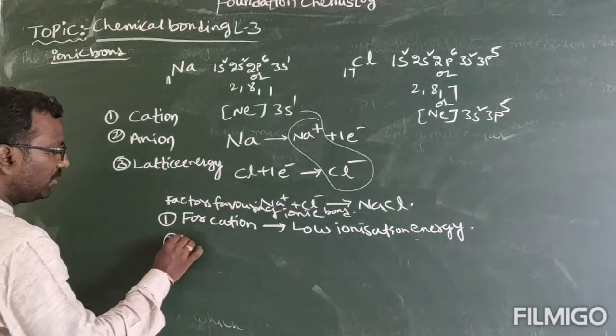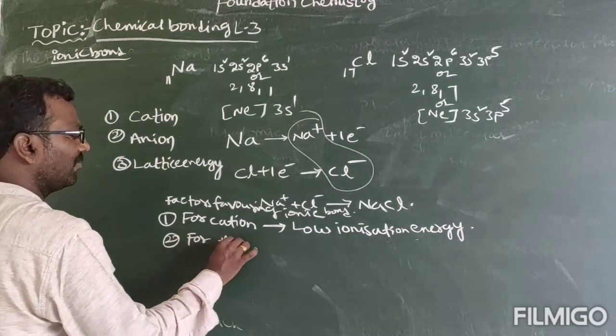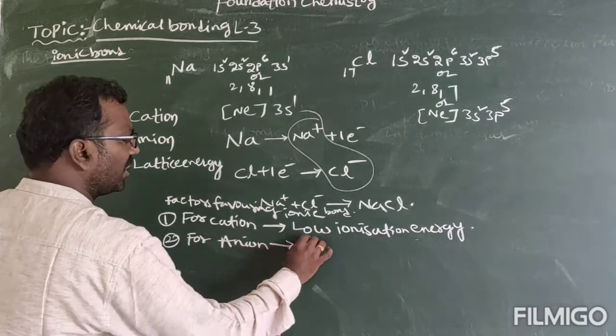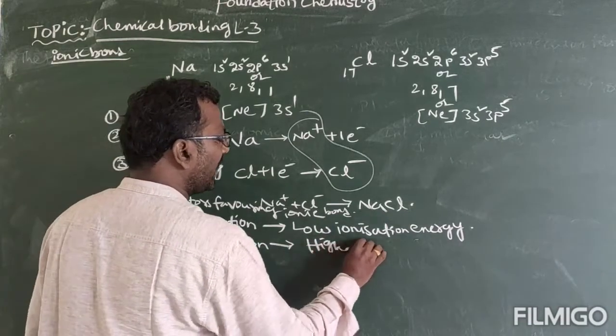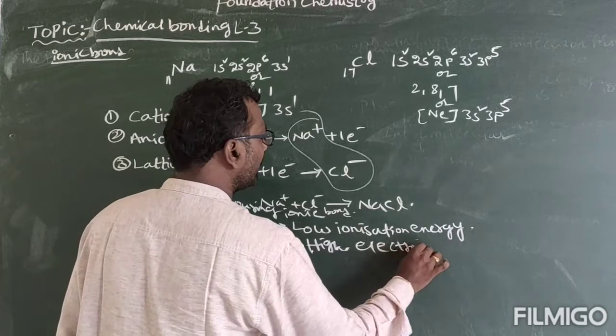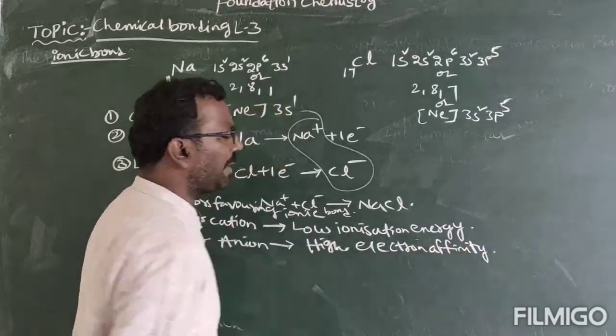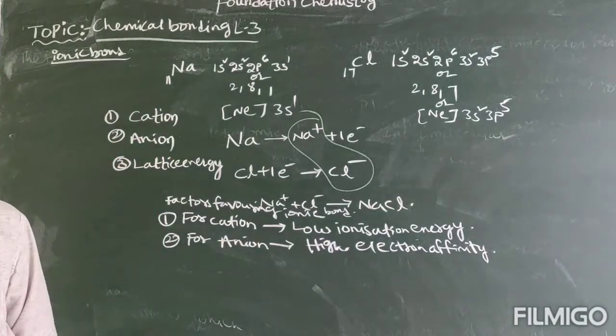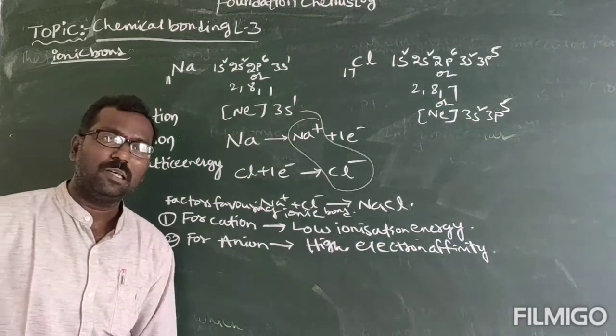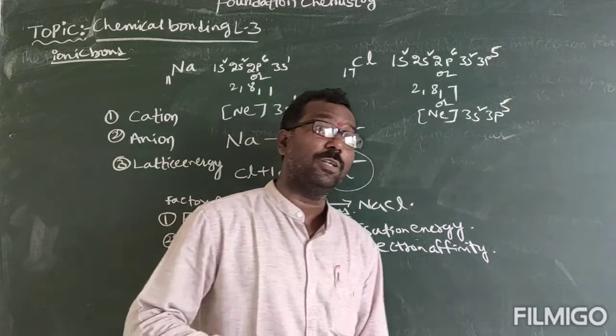And the second one, for anion, it should have high electron affinity. Means it should have the capacity to attract the electron, that we call electronegativity.